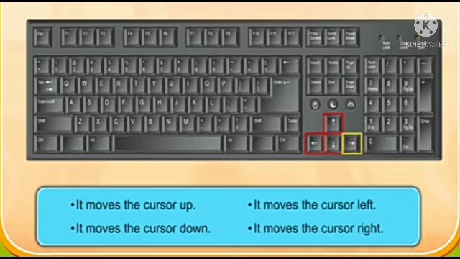The first is the up arrow key, second the down arrow key, third the right arrow key, and the fourth is the left arrow key. These are used to move the cursor up, down, right and left. They are also used to play games in a computer.